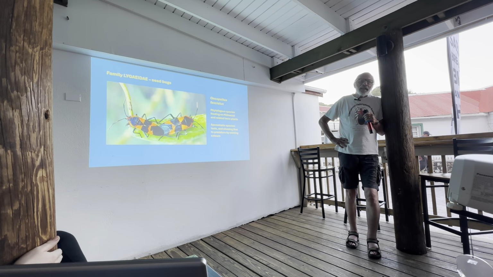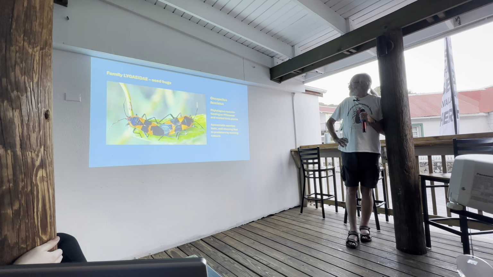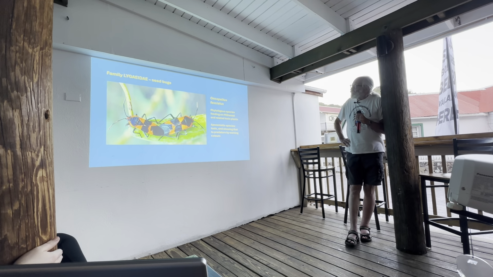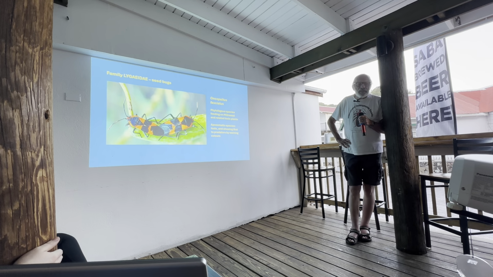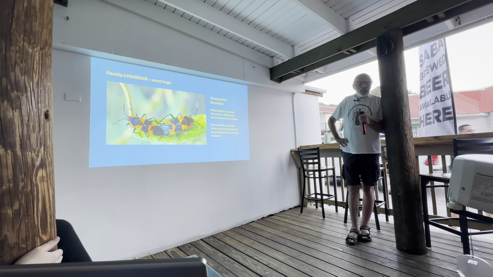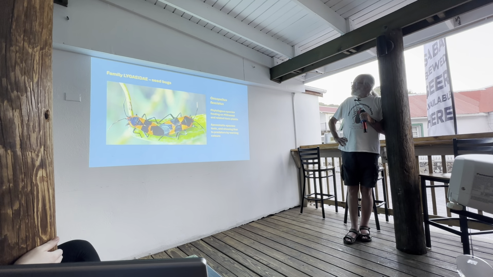Next one. The family Lygaeidae, or seed bugs, Oncopeltis fasciatus, feeding normally on milkweed and related toxic plants. They occur here as well on oleander. And interesting about this species is that they are aposematic.